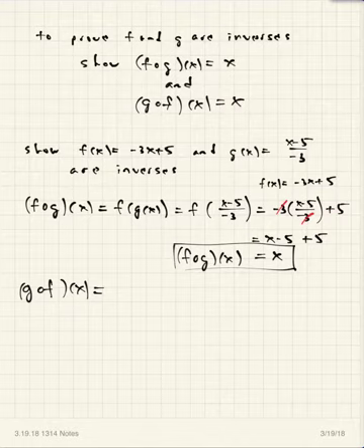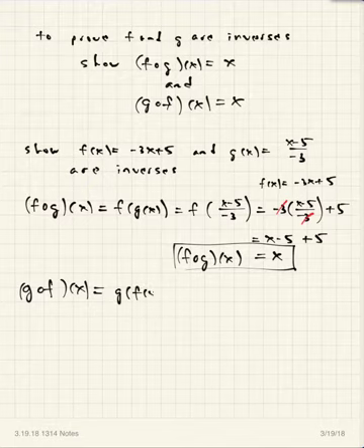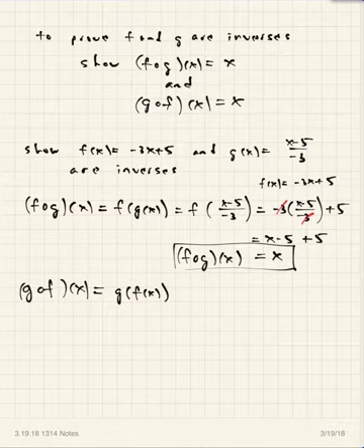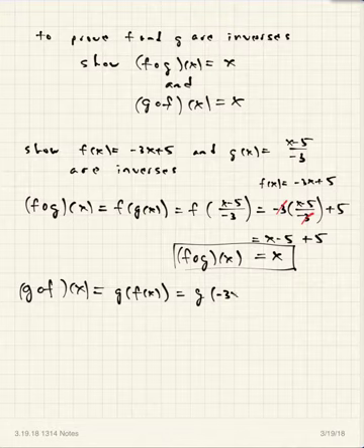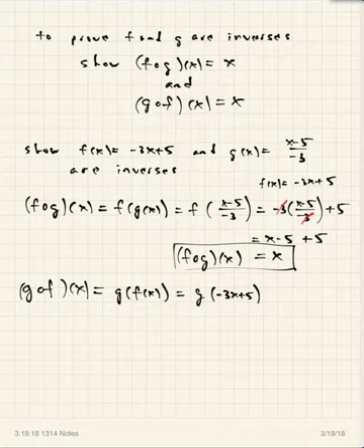All right. So g composed with f of x would be g of f of x, like so. And so that would be g of, let's see, f of x is negative 3x plus 5. So in place of f of x, I put negative 3x plus 5.